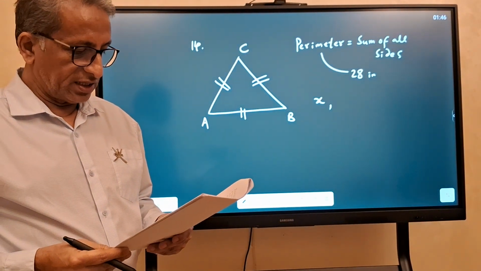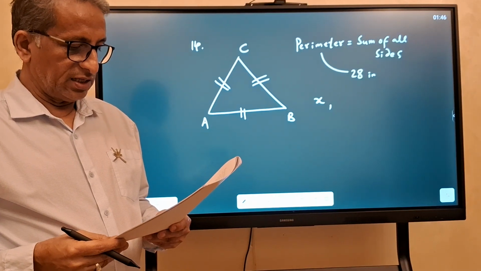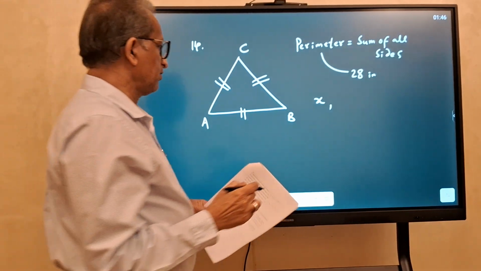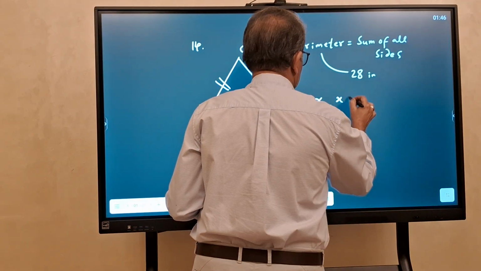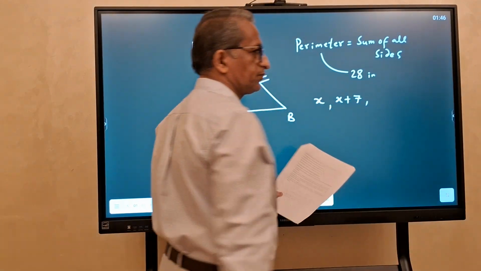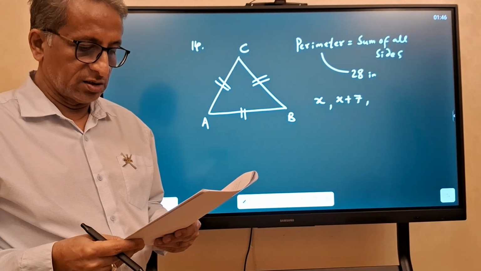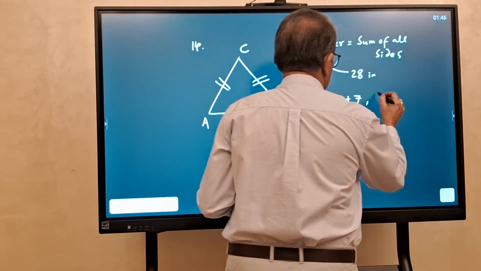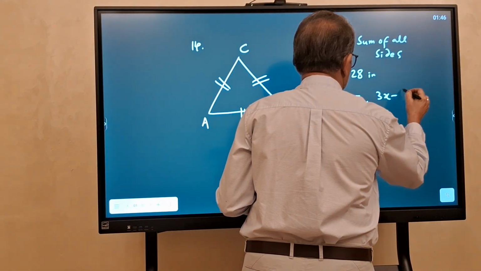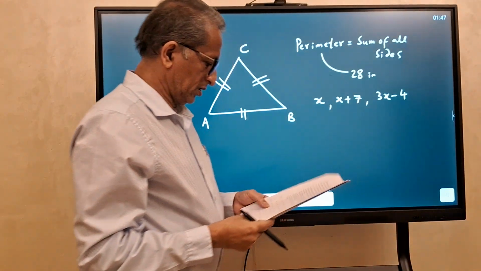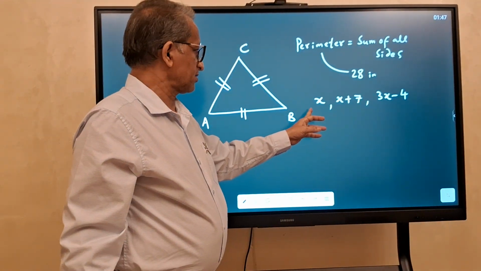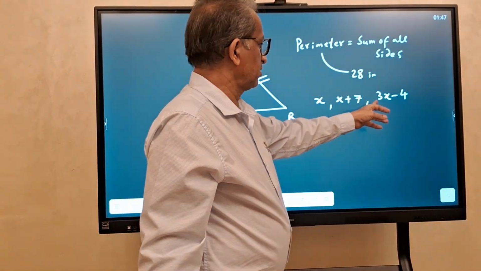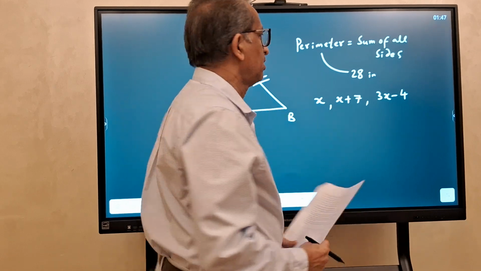What would be the second length? The second length is 7 inches more than the first. It is x plus 7. Third is what? Third is 4 inches less than 3 times the first, so 3 times the first minus 4. You see, the lengths are x, x plus 7, 3x minus 4.